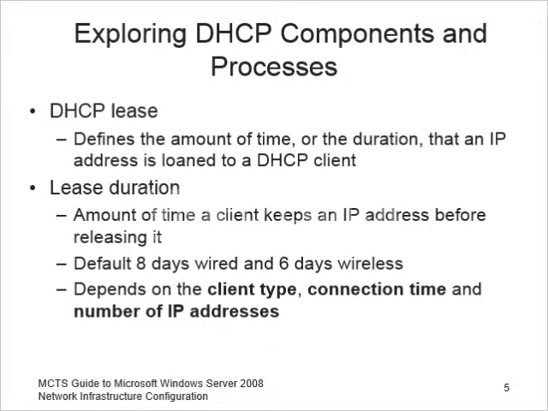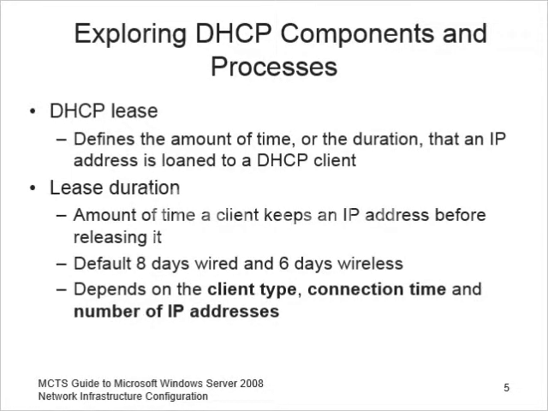This prevents the same IP address from being issued to multiple clients. A DHCP lease displays information including the DHCP client name, the IP address, the MAC address of the client, and the lease expiration time and date.